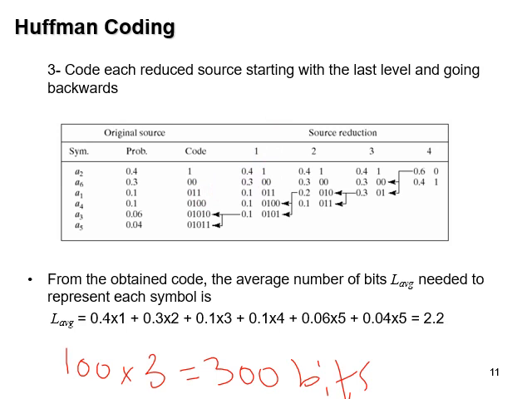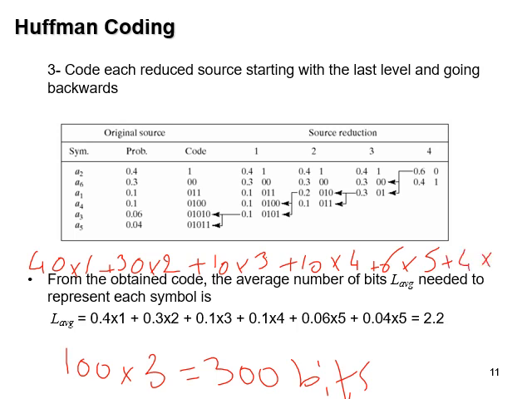So let's count. For A2, we have 40 pixels, each represented with 1 bit, plus for A6, we have 30 pixels, each represented with 2 bits, plus for A1, 10 pixels multiplied by 3 bits, plus for A4, another 10 pixels multiplied by 4 bits, plus 6 multiplied by 5, plus 4 multiplied by 5.